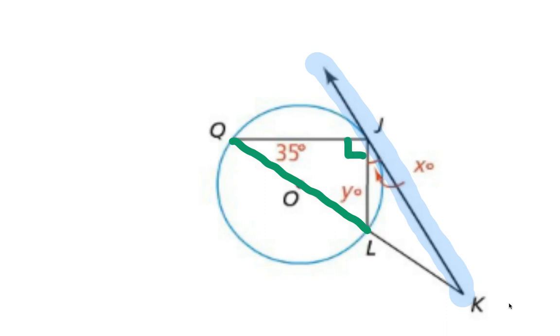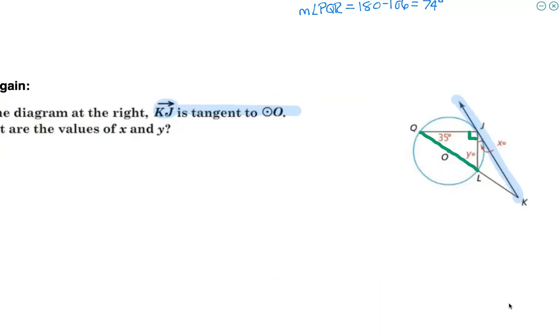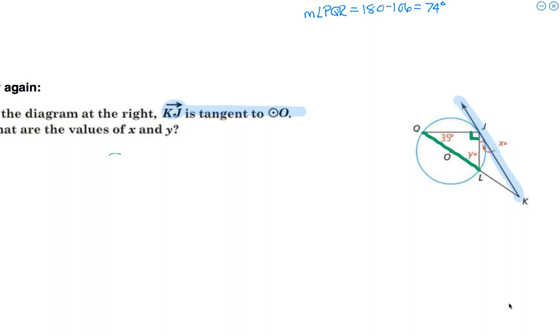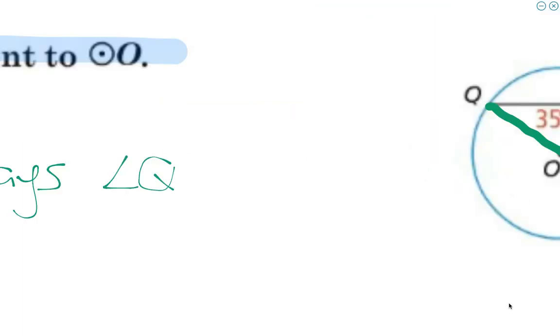That's corollary 2. So corollary 2 says that angle QJL equals 90 degrees.